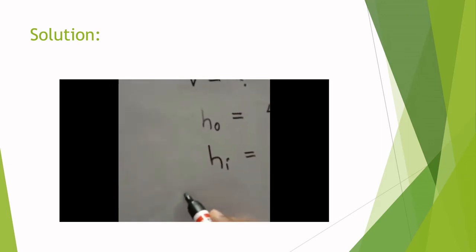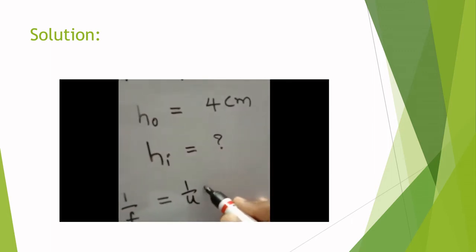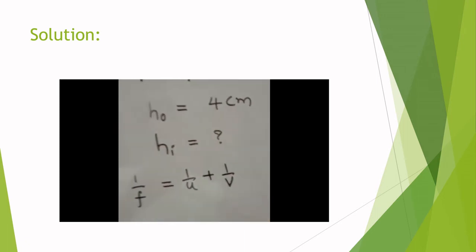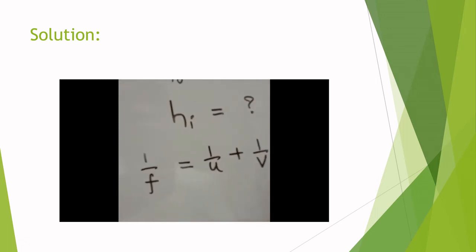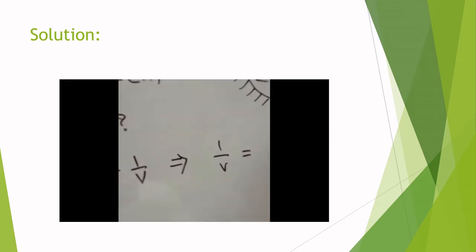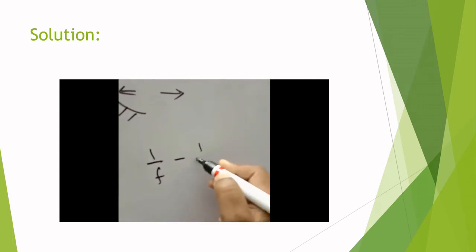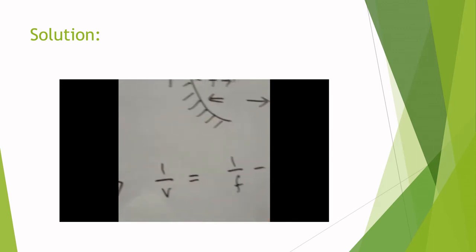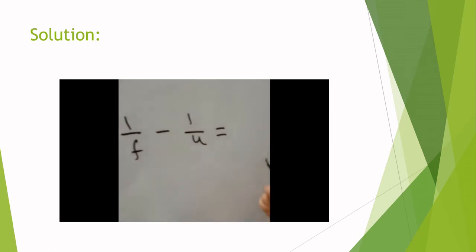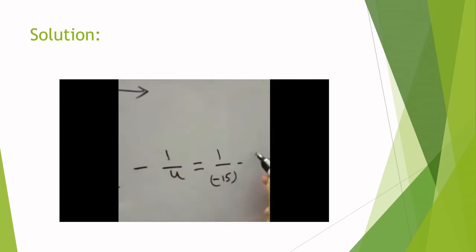First we find the image distance using the mirror formula, 1 by f is equal to 1 by u plus 1 by v. We separate 1 by v. So 1 by v is equal to 1 by f minus 1 by u. Substitute the values. 1 by f is minus 15, minus 1 by u is equal to minus 25.